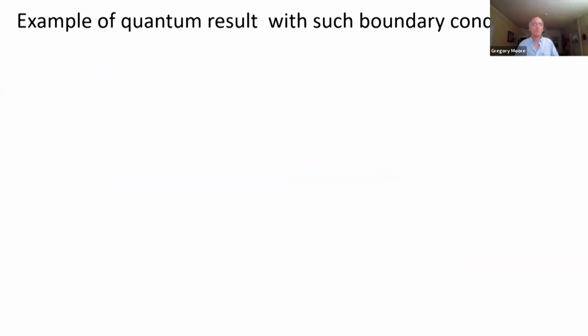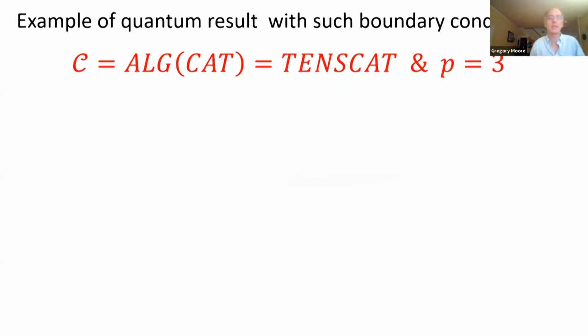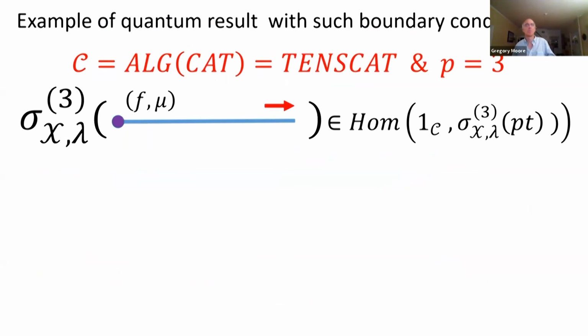And here's a simple example of a quantum result with boundary conditions like this. I'll take a three-dimensional gauge theory. I'll choose my codomain theory to be algebras in the two-category of categories, in other words, the three-category of tensor categories.